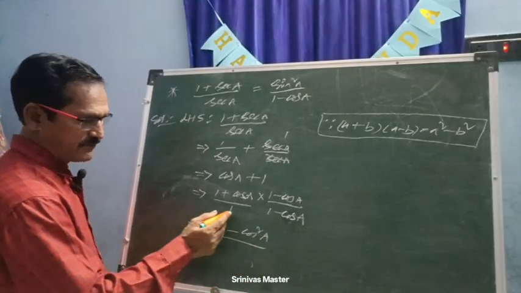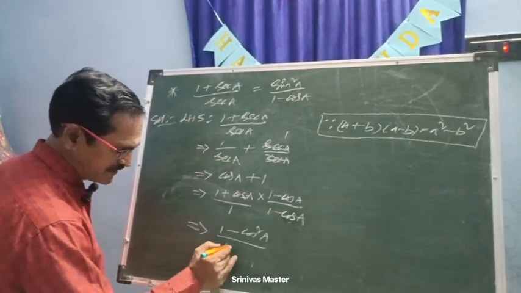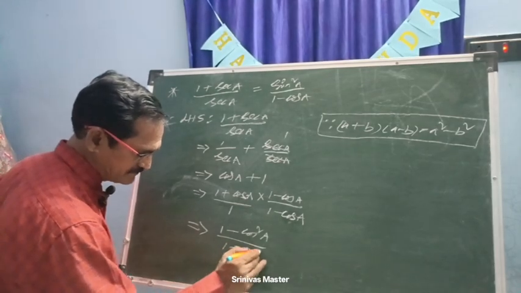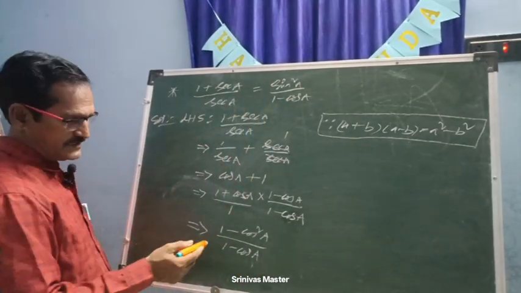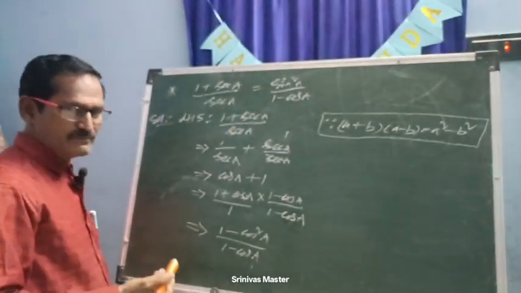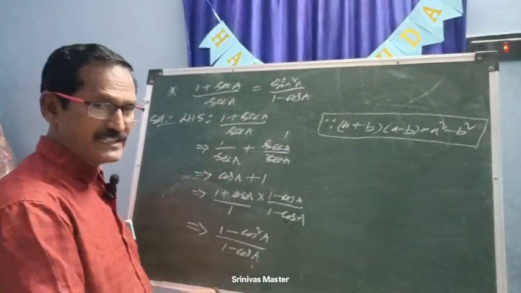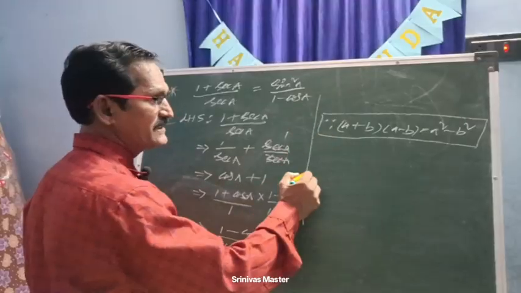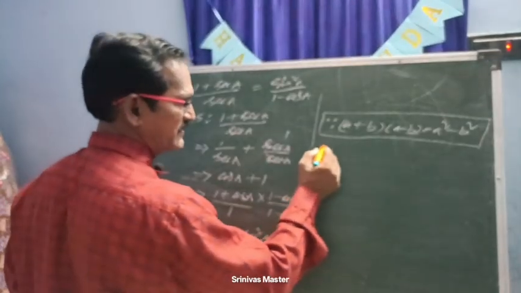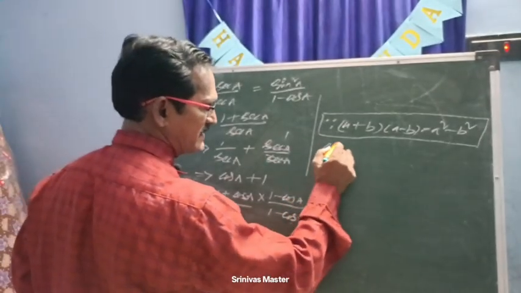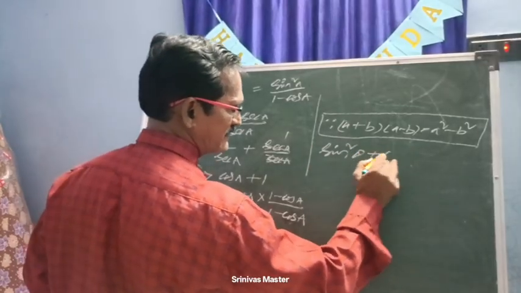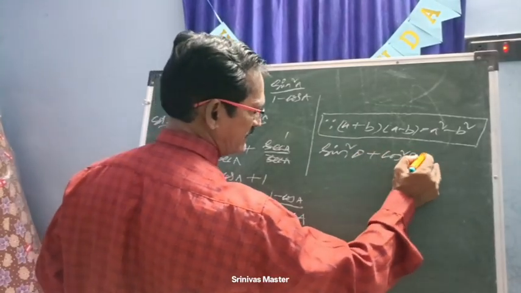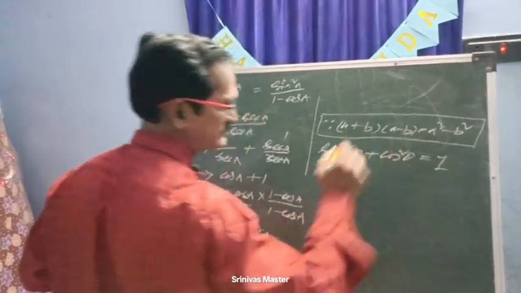By the denominator, 1 into 1 minus cos A means 1 minus cos A. So the denominator we got, but the numerator we didn't get. We want sin square A, but we can get it from 1 minus cos square A. From where? From the first identity of trigonometry. In terms of theta, sin square theta plus cos square theta is equal to 1.